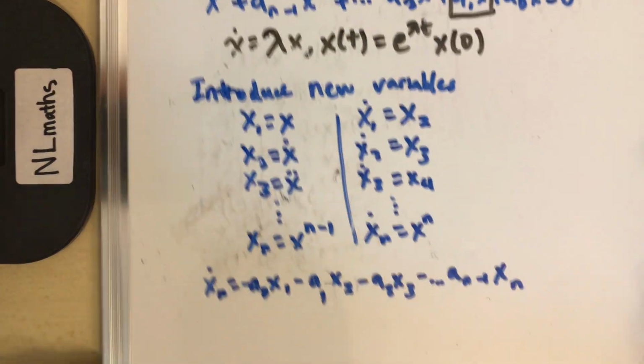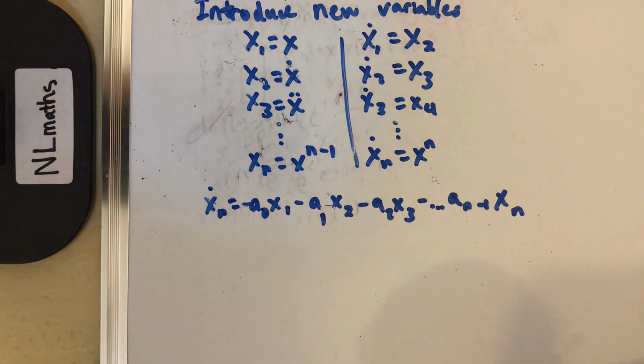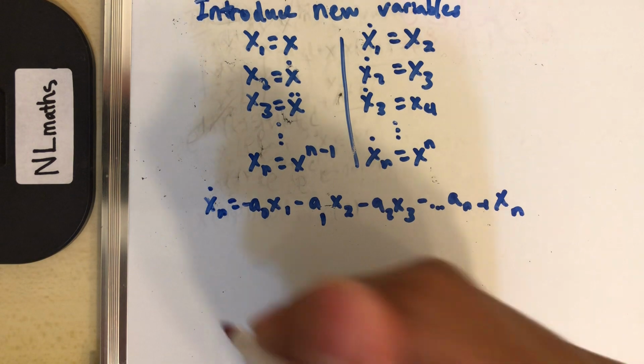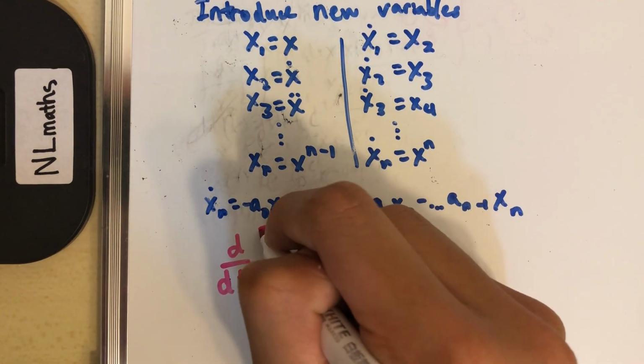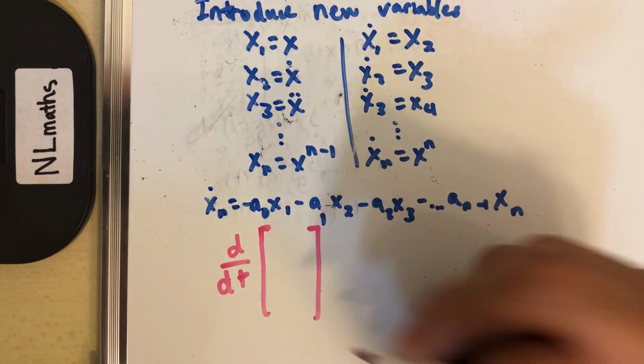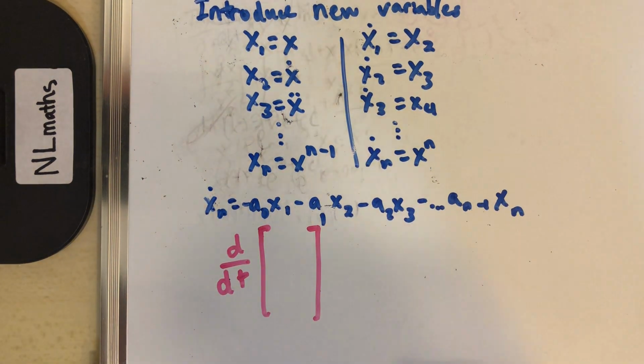Now we can put this into a matrix. So we are taking the derivative of a matrix, which is going to be our x1, x2, x3, x4, and so on up to xn minus 1 and xn.